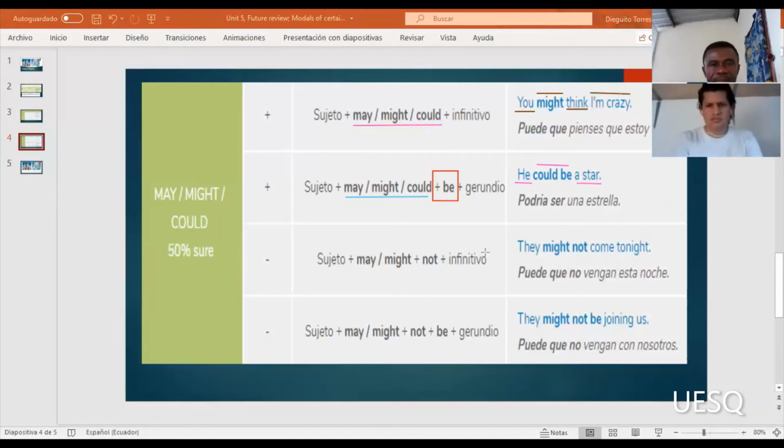Let's look at the negative forms. Negative forms, may, might, and the infinitive.